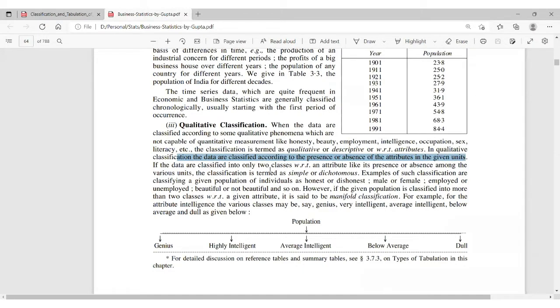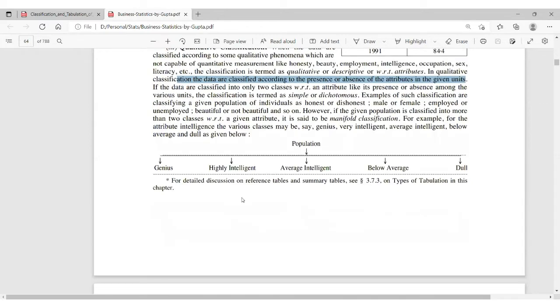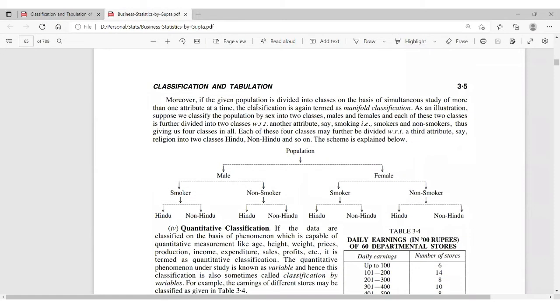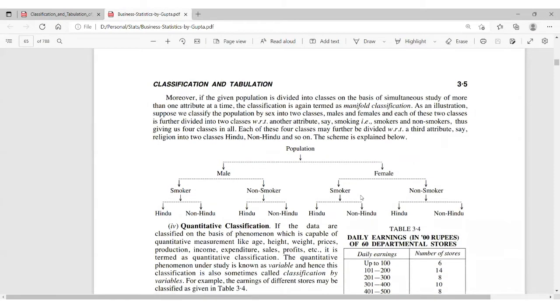If the data are classified into two classes with respect to an attribute, like presence or absence among the various units, the classification is simple or dichotomous. Like honesty, beauty, like this.